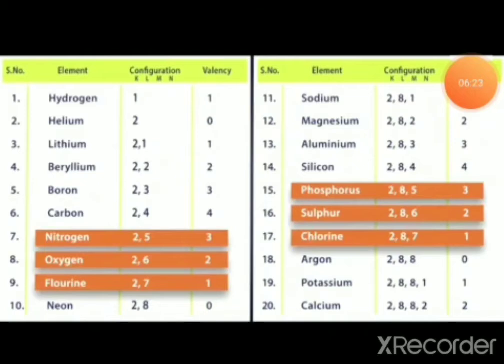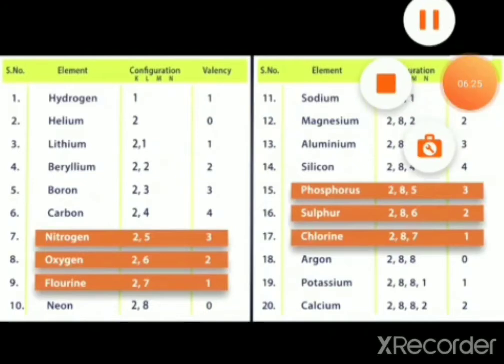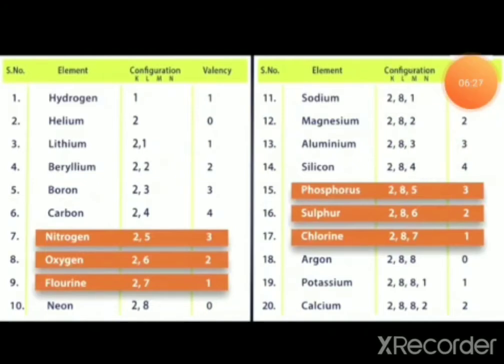Here are some elements which gain electrons to complete their octet: nitrogen, oxygen, fluorine, phosphorus, sulfur and chlorine.